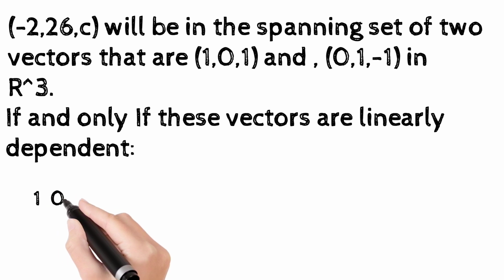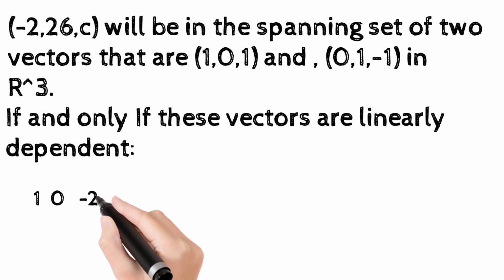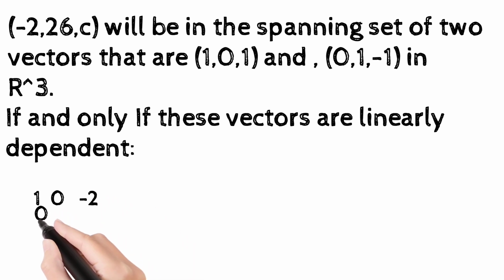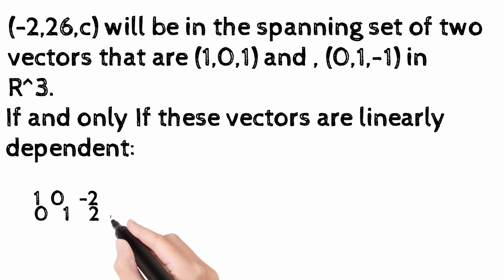So now we'll write the set as written in the table, that is (1, 0, 1), (0, 1, -1), (-2, 26, c). All these are equal to 0 because these vectors are linearly dependent.